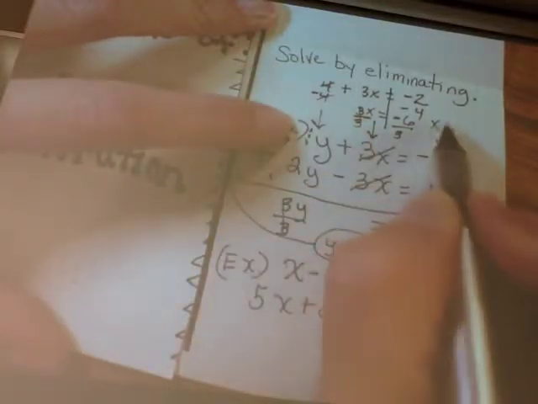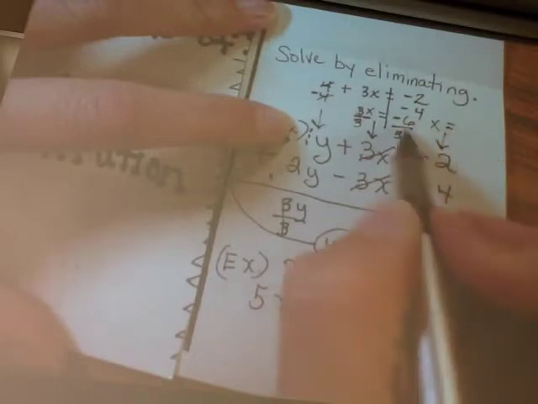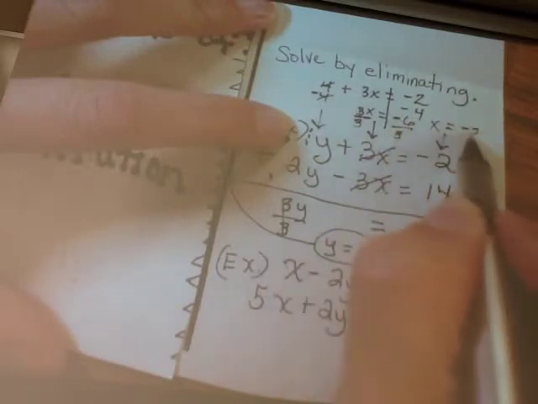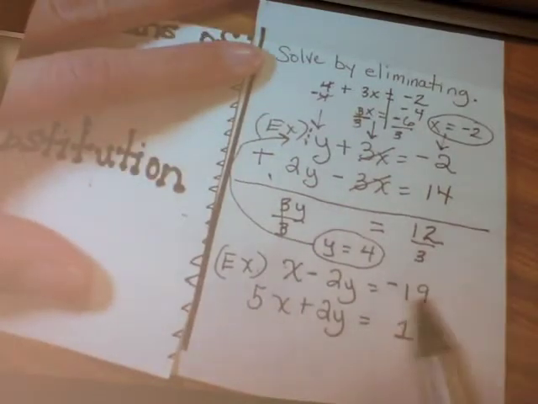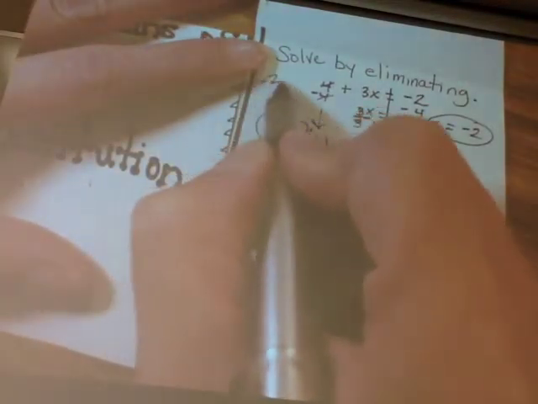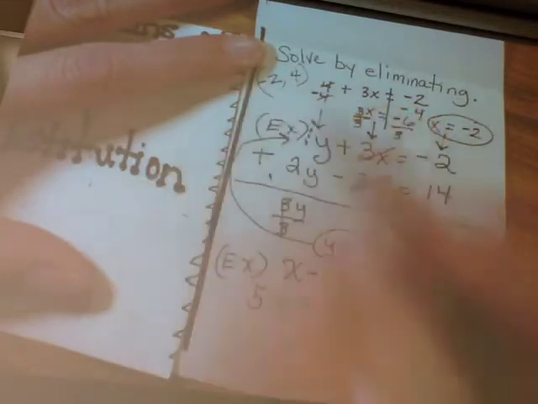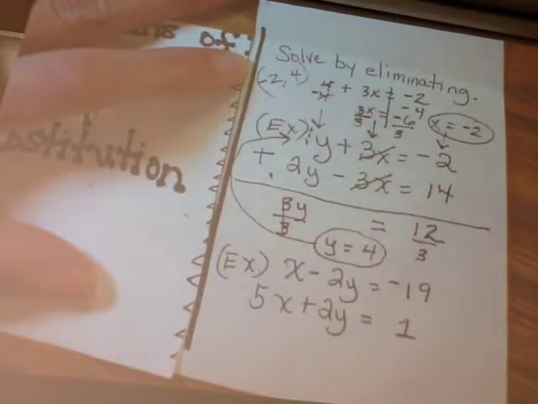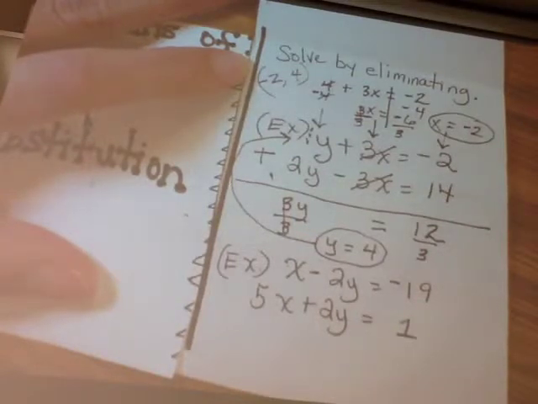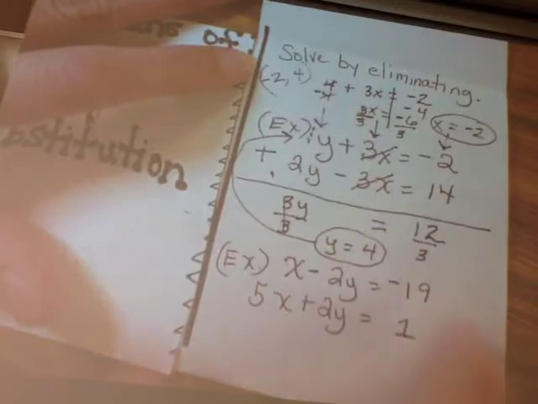So x equals negative 2. There's your other piece. So the ordered pair for this example is negative 2 comma 4. And that's elimination. Still a lot of work, but it's doable, just a little different. You still use substitution in this because you have to substitute your answer back in.